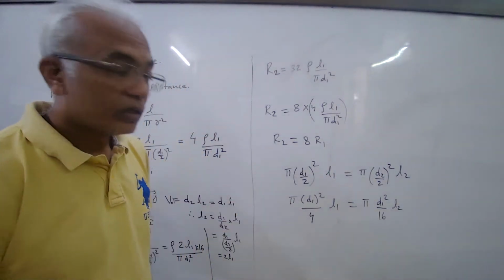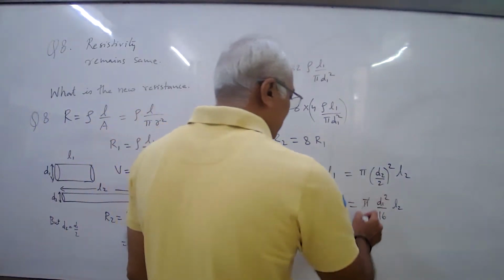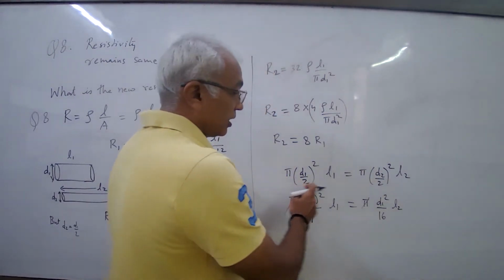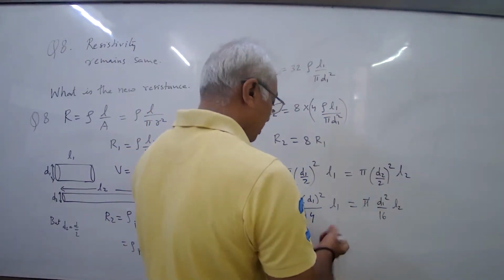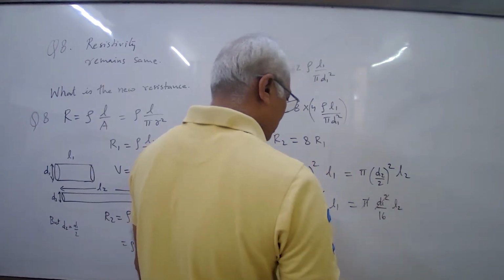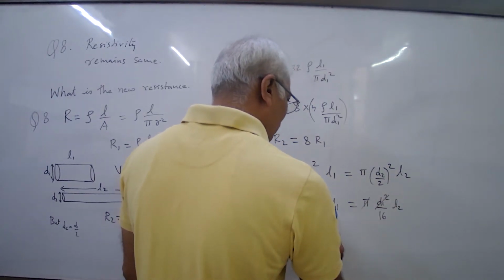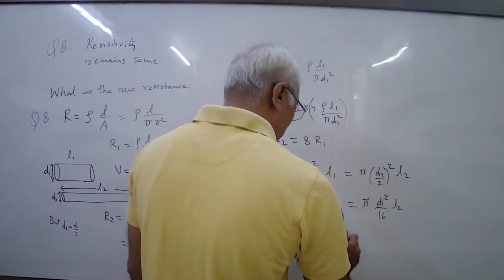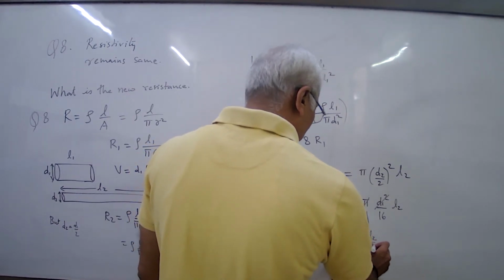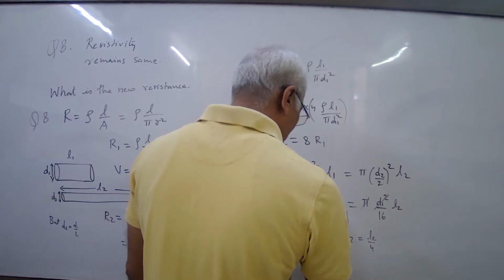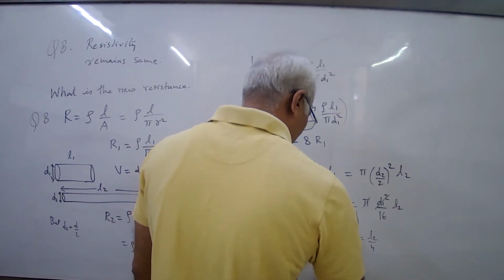Now what do we get? This is cancelled. 2 squared and this is 4 squared. So D1 is also getting cancelled. So L1 is equal to 4 by 16 L2, so this is L2 by 4. Or L2 is 4 times L1. So L2 is equal to 4L1.